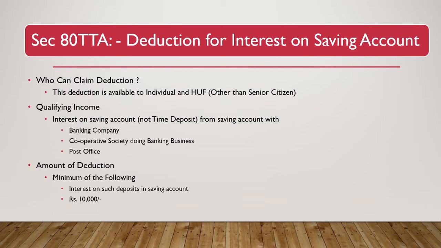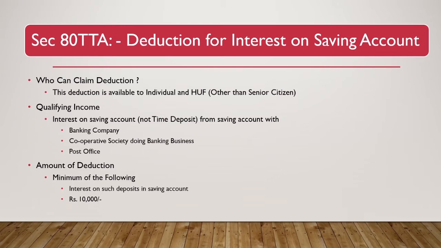There is a limit specified in this. SSC can claim a maximum of rupees 10,000 as interest received as deduction. For example, if SSC is receiving rupees 12,000 as interest, he can claim a maximum of rupees 10,000 only.